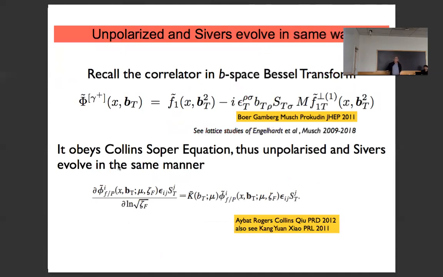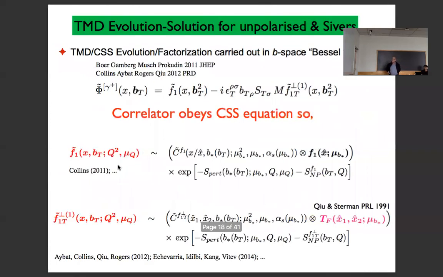This formulation is also used in the lattice studies of Engelhardt and formerly Bernie Musch and others. So it's this whole correlator that obeys the Collinear equation. This was recognized earlier by Zhangbo, Mertz, and Ted, and so forth. What that means is that the Sivers function, first moment, and the unpolarized have the same evolution curve.